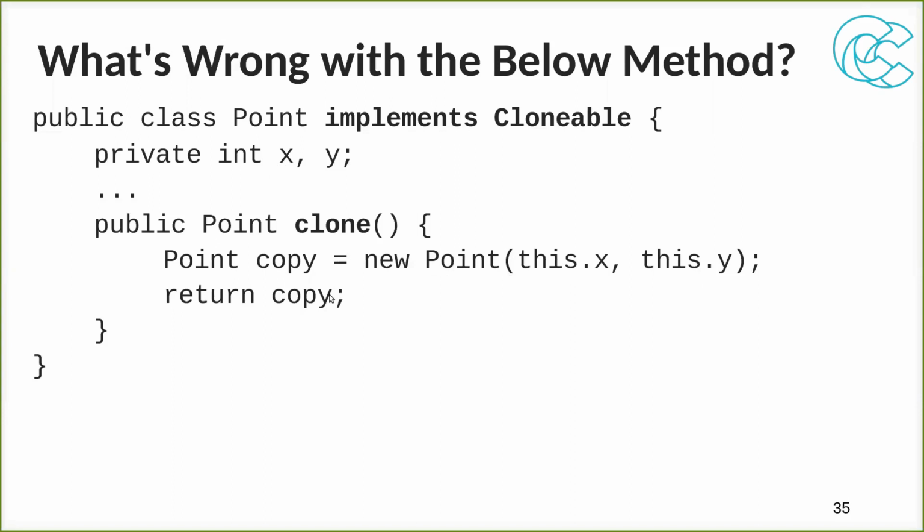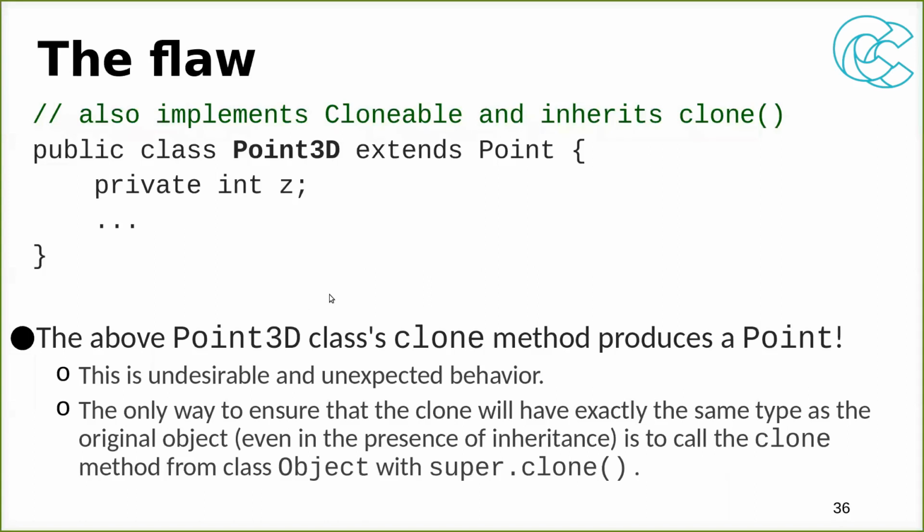This is the first cut, but there are some issues with it. Let's say you have a Point3D, which inherits from Point. Whenever you extend Point, you are automatically saying that this is also ready to be cloned, because Point has implemented Cloneable, and Point3D is inheriting from Point. So it is like marking Point3D to be Cloneable.